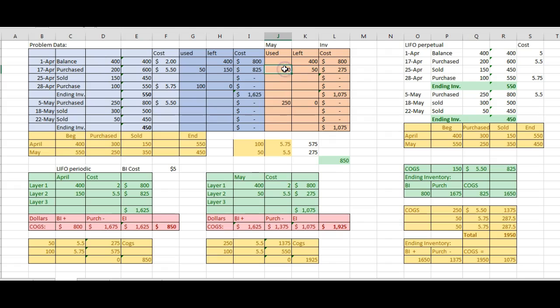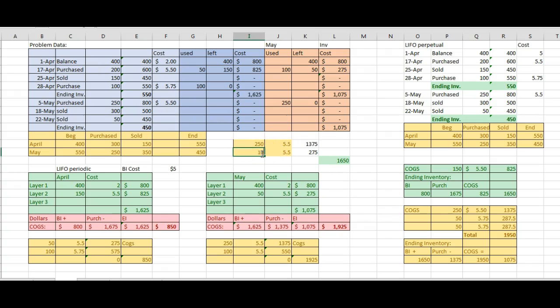So now I have 100 out of 150 left right here, so it leaves 50 here, and then I have 400 up in this one. So let's take our 250 first, and multiply that times 550.